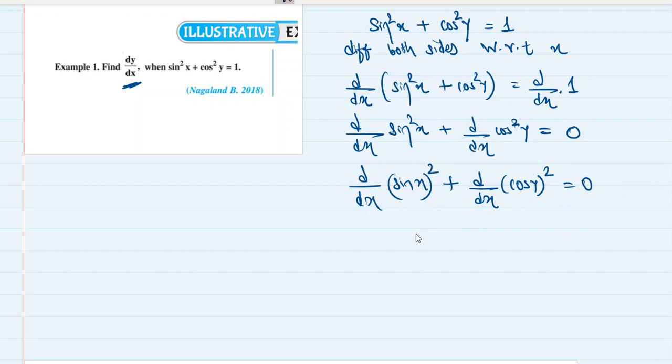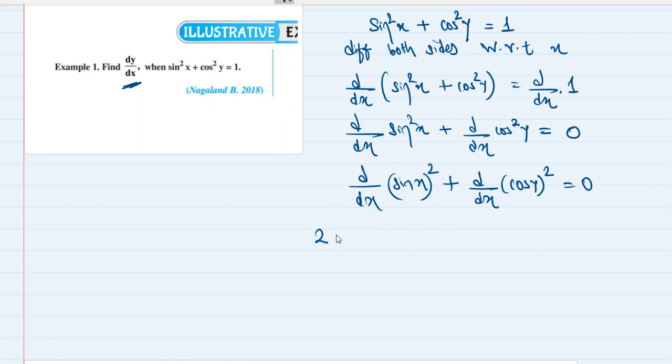So if I have differentiation of u square, how would I differentiate? I would just bring this 2 ahead, that is, I will write it as 2 multiplied by u, or 2 multiplied by sine x. What I'm doing is I'm treating sine x as an untouchable quantity.